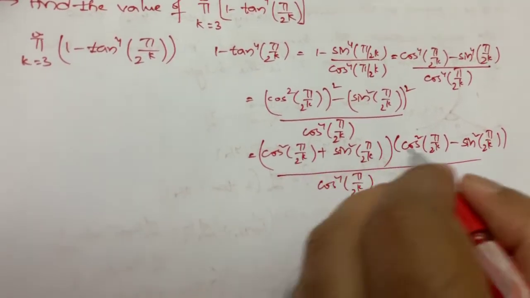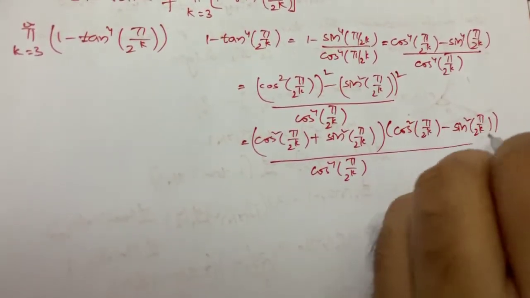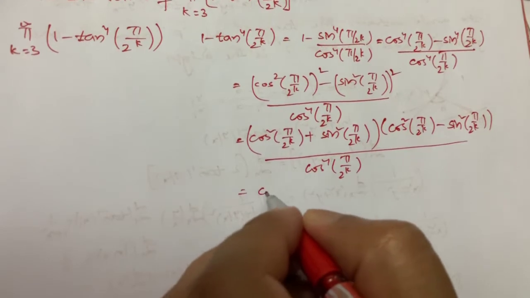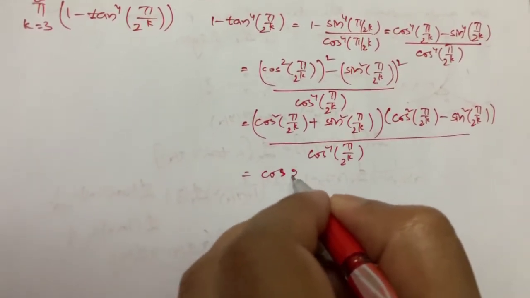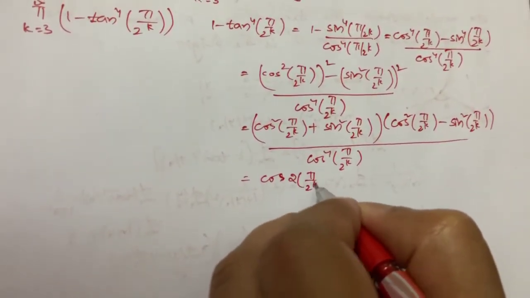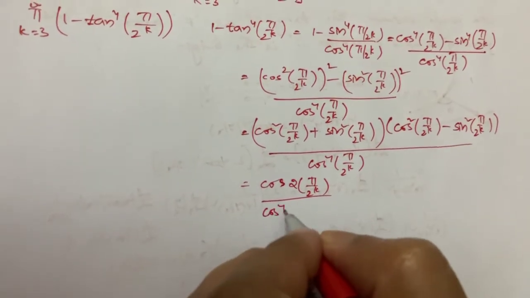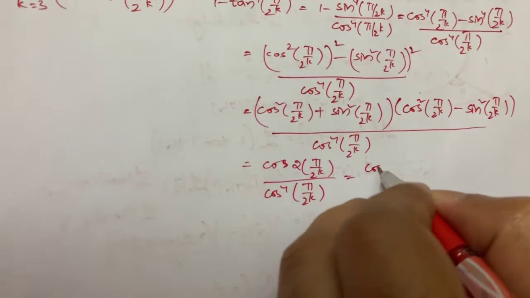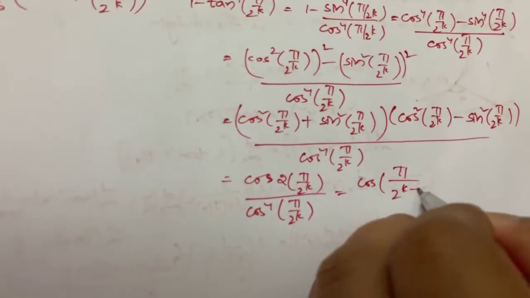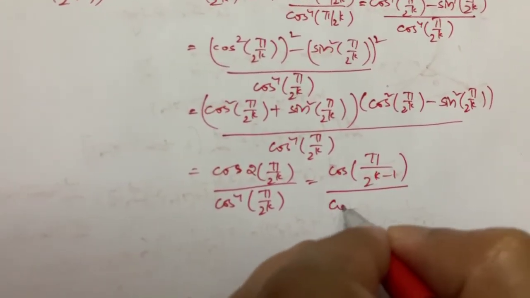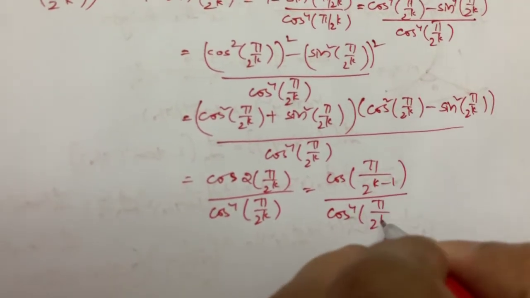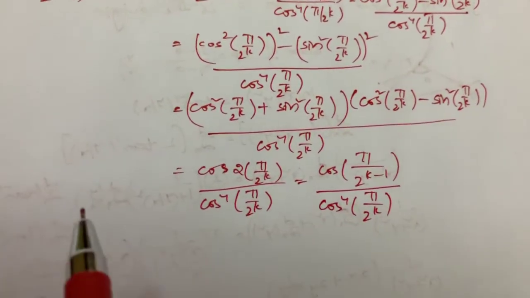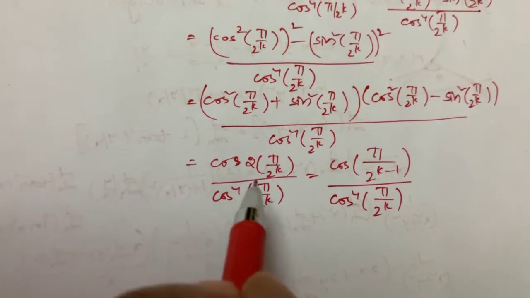So this is 1, and cos² minus sin² is cos 2θ. So this is cos(2 into π/2^k) by cos^4(π/2^k). So this is cos(π/2^(k−1)) by cos^4(π/2^k). Okay, so this is what we got.